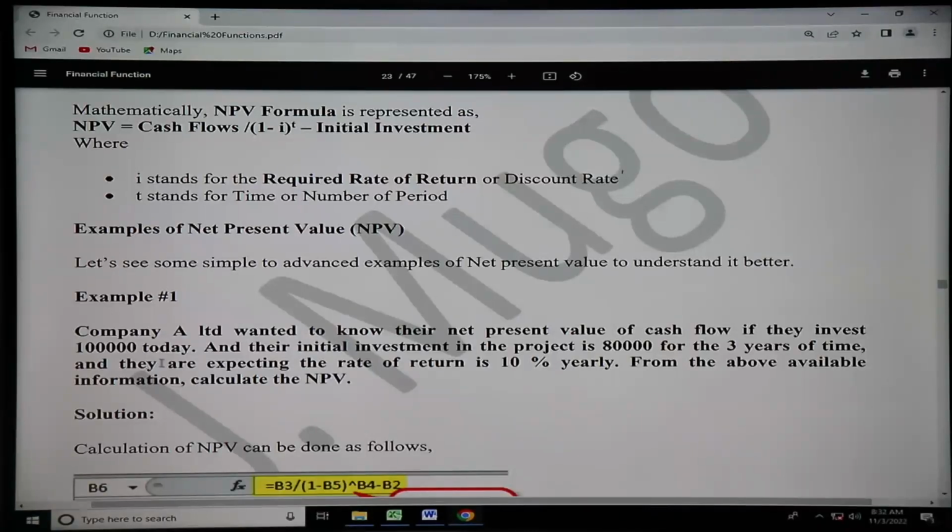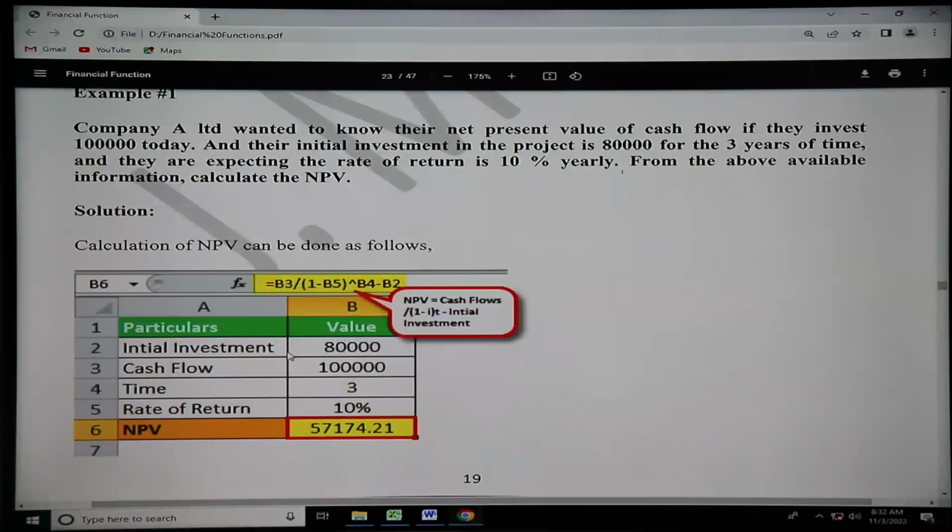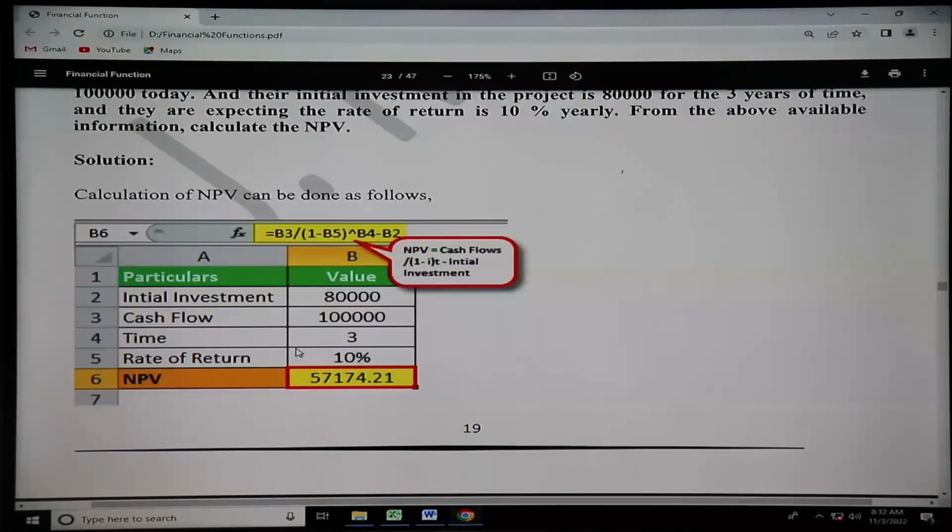So from the above information, you're supposed to calculate the net present value. So you enter this data very fast. Just enter that data. You will not enter the net present value. That net present value, you don't type the figure, but you just enter the data. And here we are going to use the formula as it is above there.